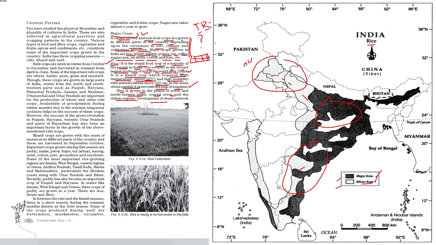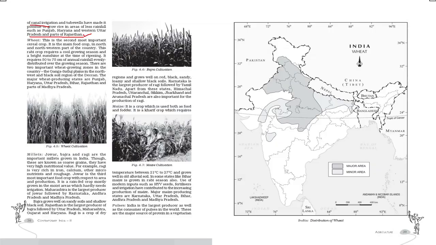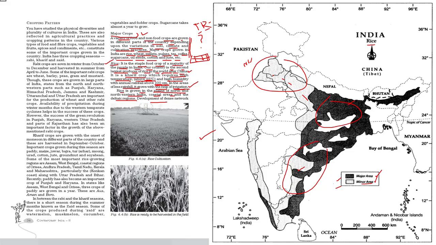Annual rainfall should be 100 centimeters, and wherever there is less rainfall, it should be supplemented with enough irrigation facilities, and it grows well in alluvial soil with more clay content. This table I am going to share with you at the end. So this is about rice cultivation, and from the map itself you can clearly identify the states where it is taken up as a major crop.